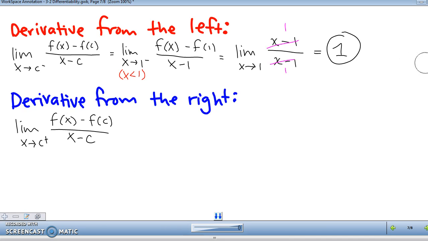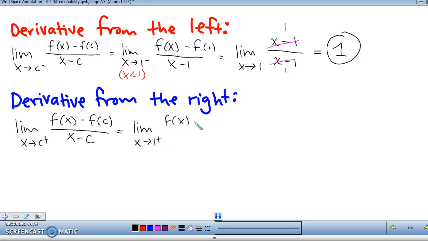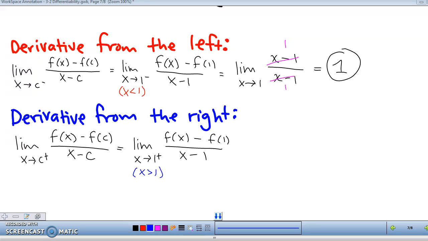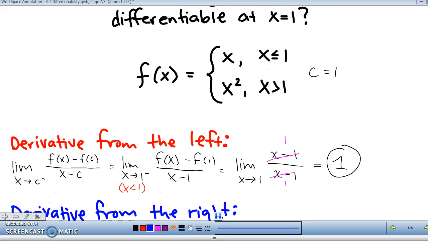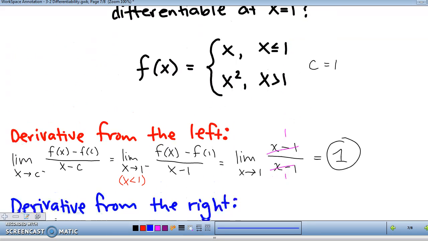Let's apply it with the problem we have: the limit as x approaches 1 from the positive side of f of x minus f of 1 all over x minus 1. Once again, x greater than 1 is what you should be thinking about when x approaches 1 from the positive side. So that's the function x squared.